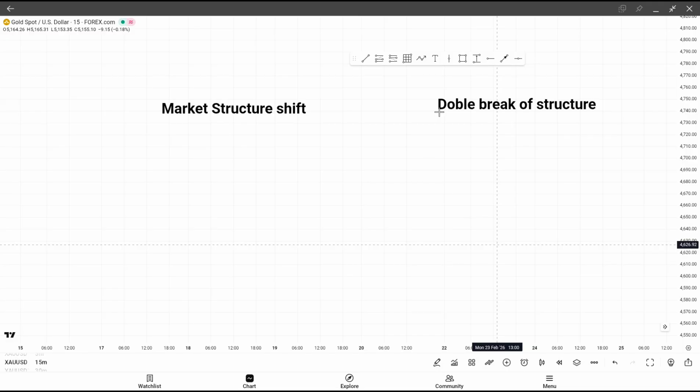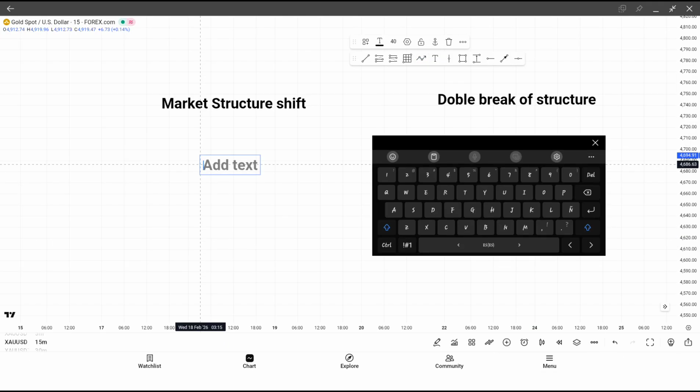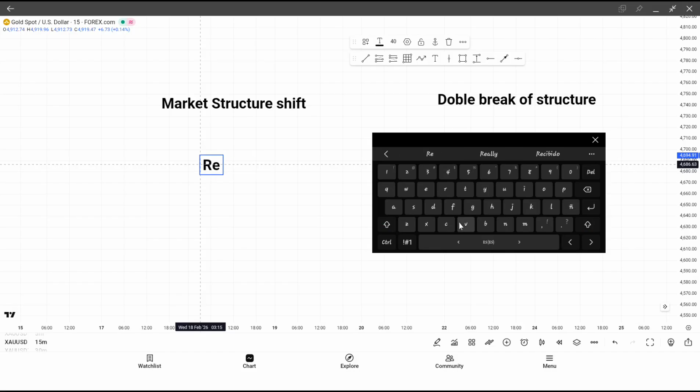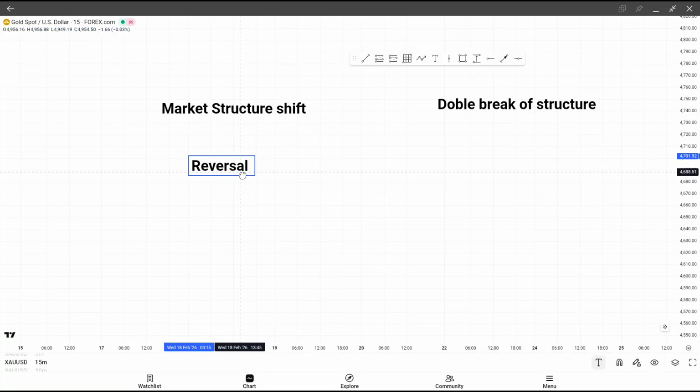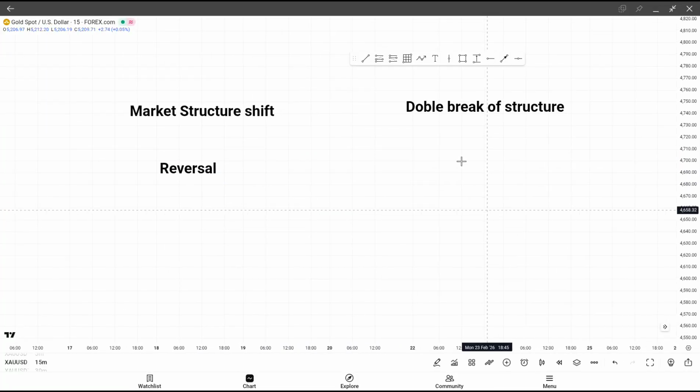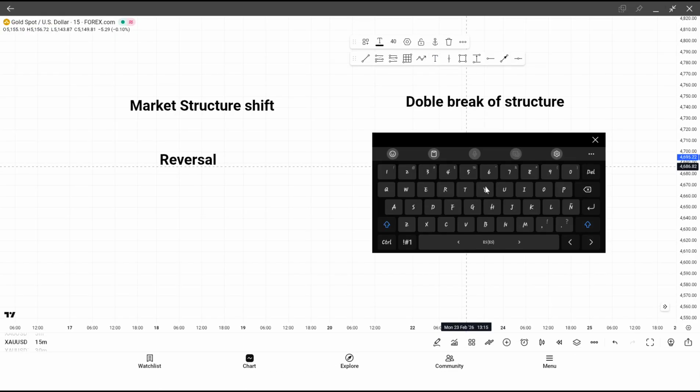You need to understand that the market structure shift is when the market is about to reverse to the opposite side. Okay, that's when we use the market structure shift. But double break of structure, we use it for continuation of the trend.